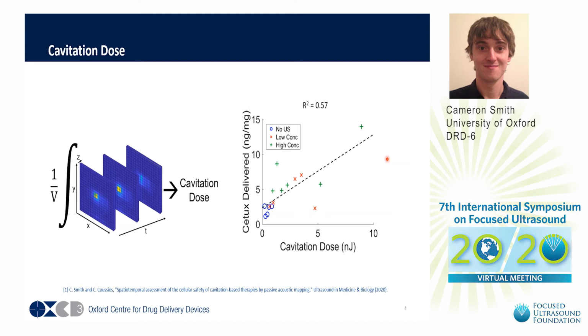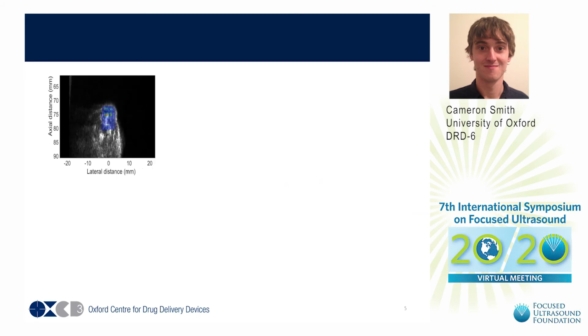But I wasn't completely happy when I found these results. I was curious as to why some mice, such as this mouse here, had received quite low levels of drug delivery, considering the fact that it had received quite a high cavitation dose. To try and find out why, I went back to looking at the original PAM videos that we had generated.